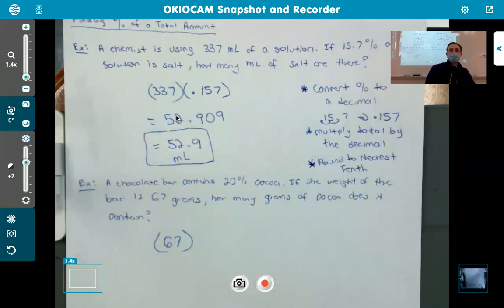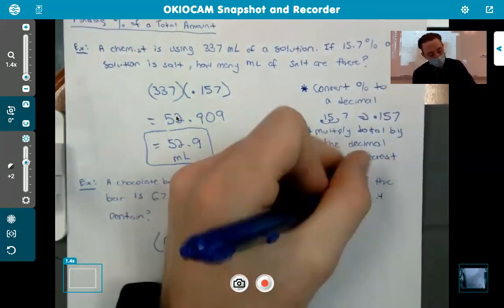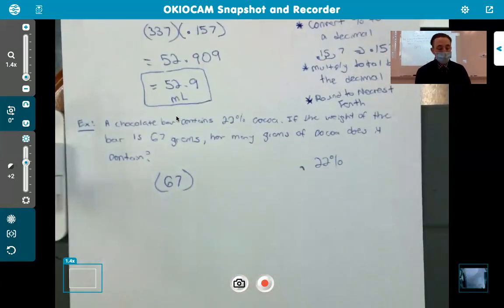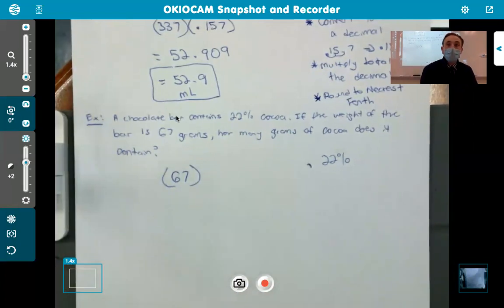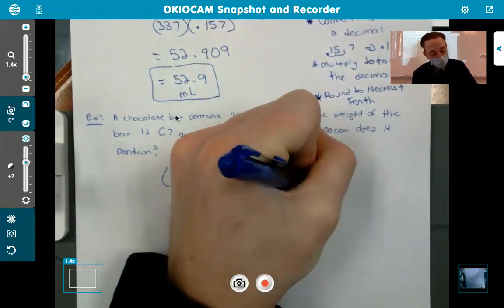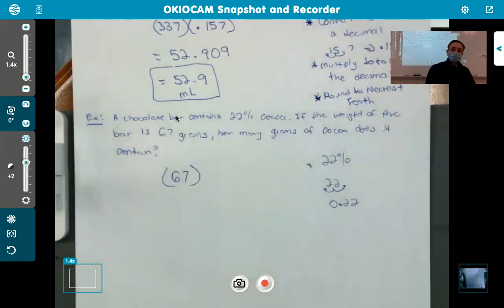What number do you say? 22%. So I want to convert the 22% to a decimal. Well, what's 22% as a decimal? 0.22. You take the 22, move the decimal point 2 places to the left. So 0.22 is my decimal.